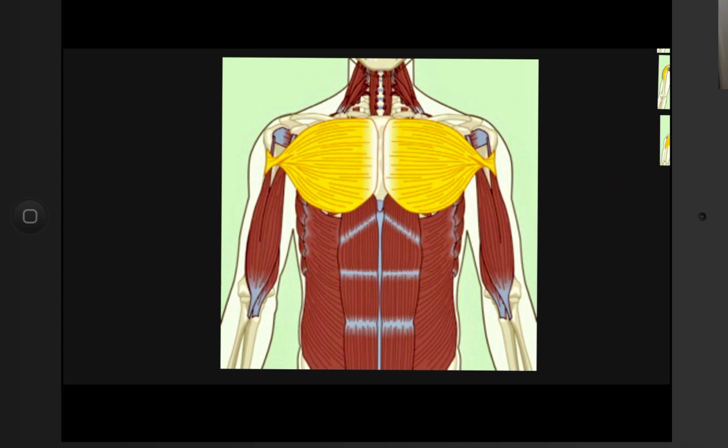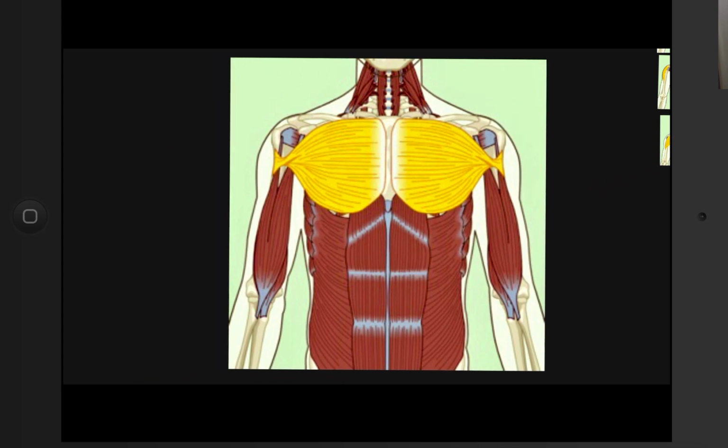Let's talk about where it originates. We talk about origin, insertion, sometimes the attachment sites. Primarily it's on the sternum, right there on the breastbone. But at the bottom part of the pec, that's going to attach to some of the ribs and the cartilages of those ribs. And the top part of the pec is right there on the clavicle, which is the collarbone, the medial portion of it.